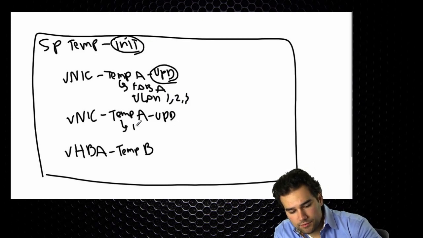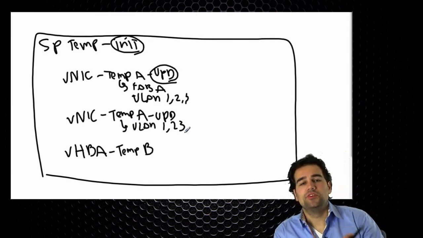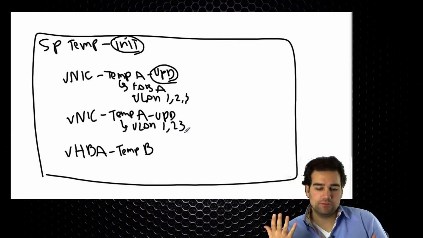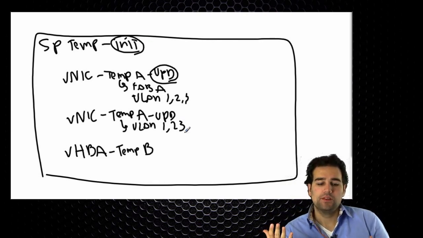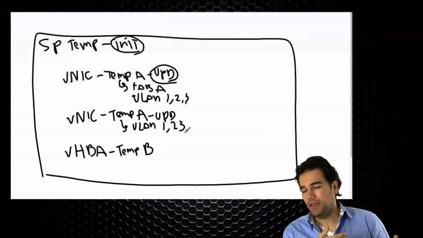Same here, VLAN 1, 2, and 3. Now when I change vNIC template A and I add VLAN 4, this will automatically go back to my initial service profile and be updated.